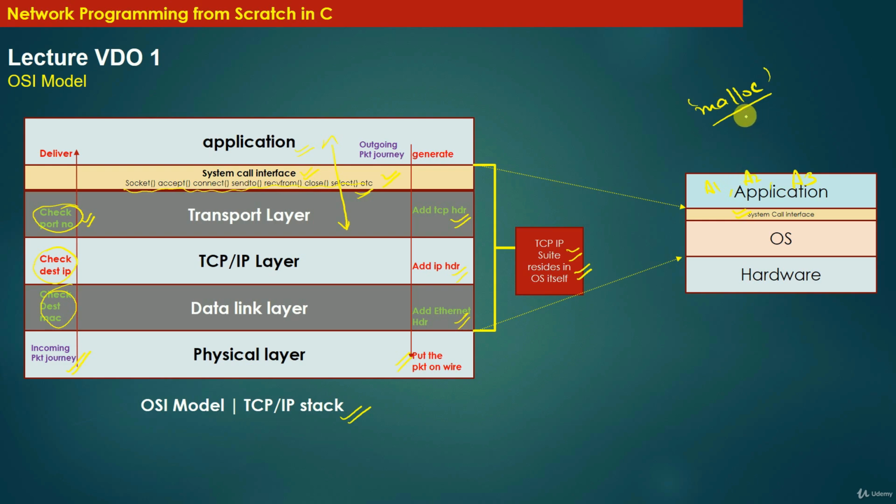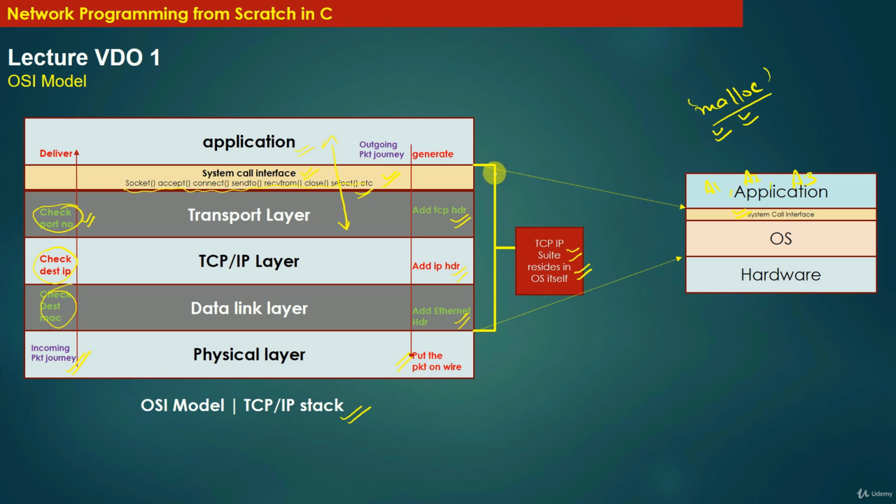So this is an example of the system call interface. The system call interface enables the application to talk to the operating system. Using it, the application can request the services of the operating system. For example, using malloc, the application can request memory from the operating system.